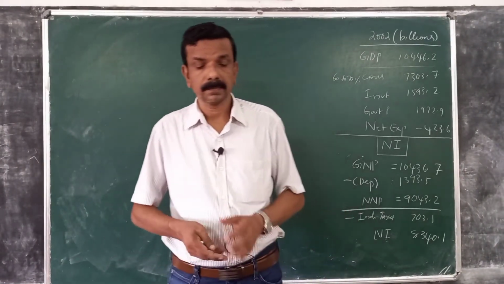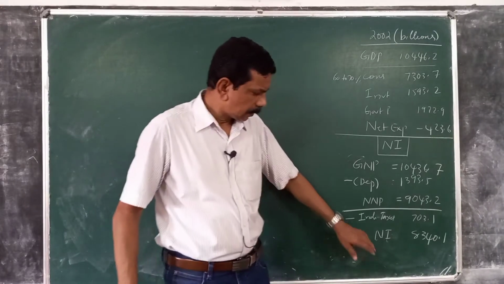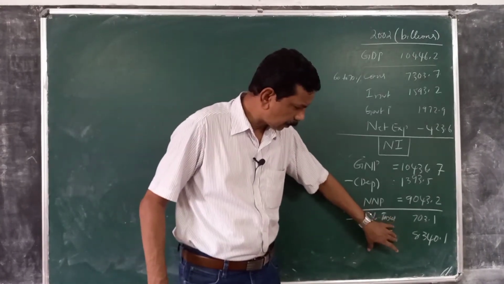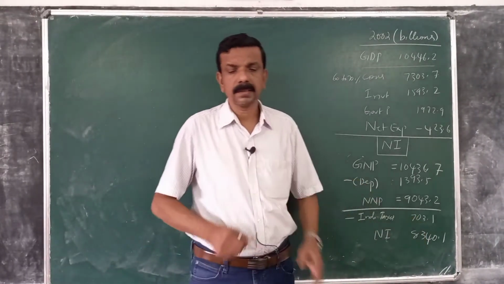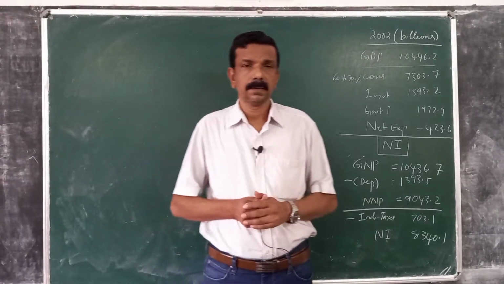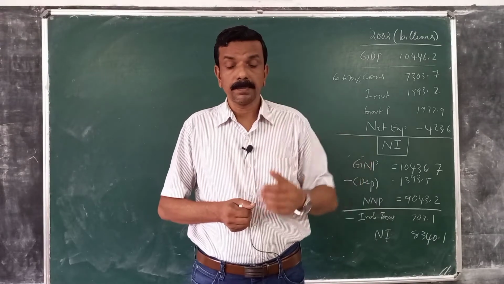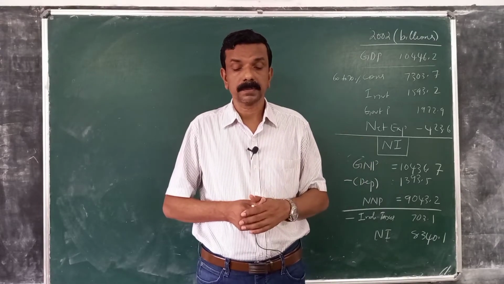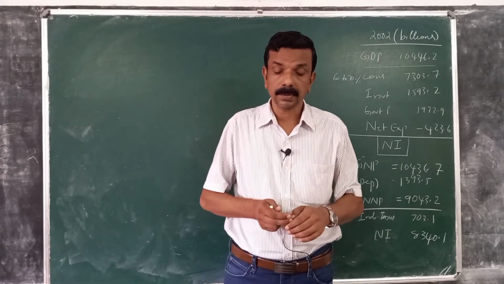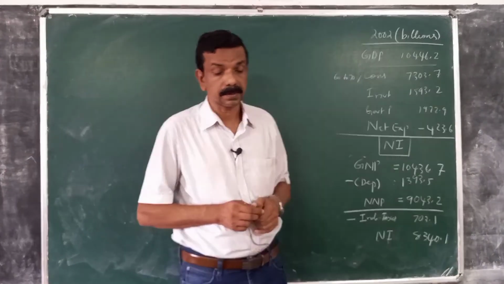So, national income is the sum total of income earned by factors of production by contributing to currently produced goods and services.